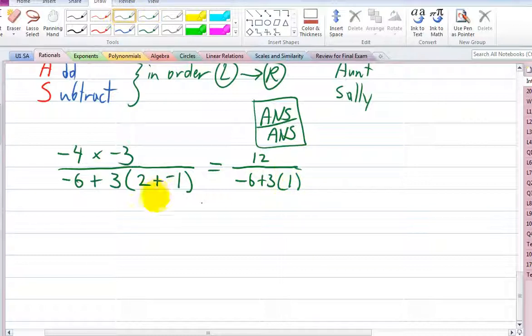So this equals 12 over negative 6 plus 3, which is 12 divided by negative 3, which has a simple answer of negative 4. Good. Any questions?